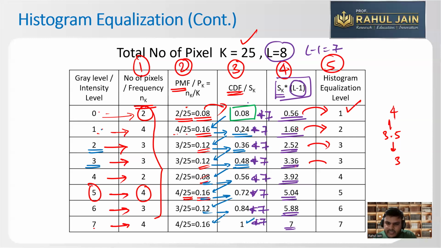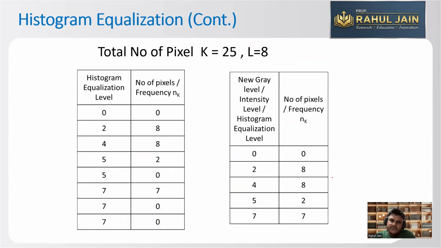So 3.36 gets intensity level 3, 3.92 gets 4, 5.04 gets 5, 5.88 gets 6, and 7 is 7 itself. These are the histogram equalization levels. Fine, so you have to know this.